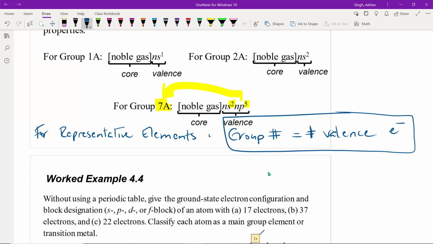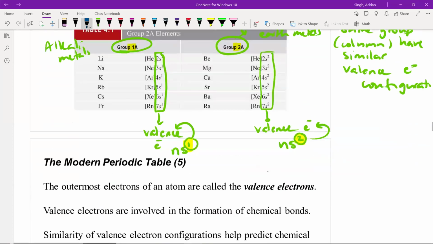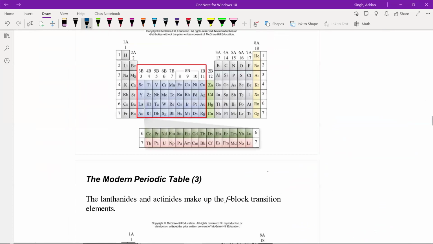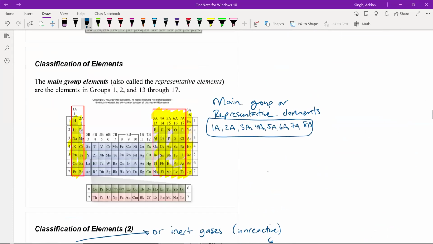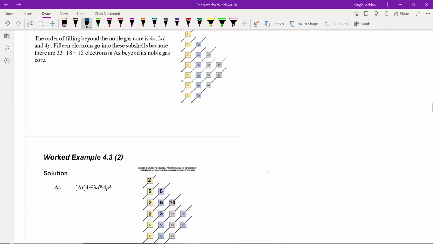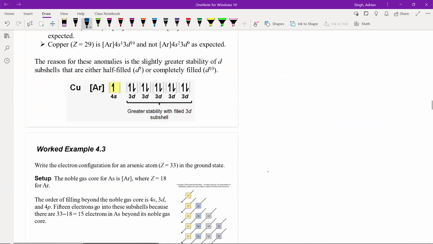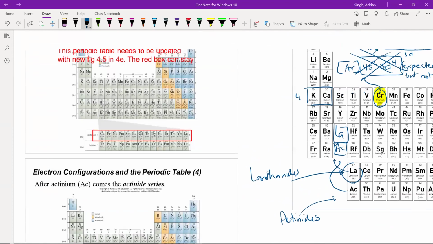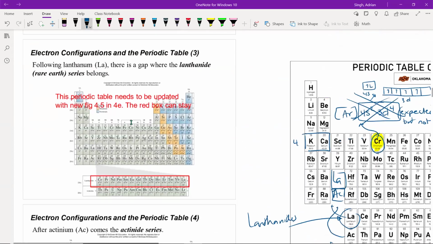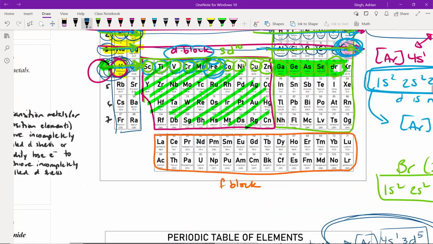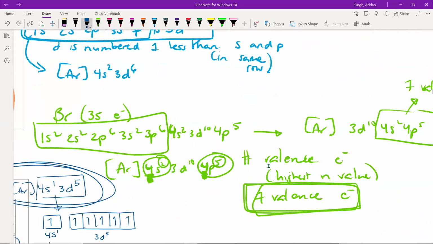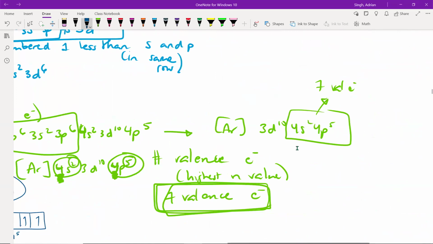We don't have to think twice about writing a full electron configuration to figure out the number of valence electrons. We can just look at the group number. Let's go all the way back to one that we did previously, which was bromine. If I can find bromine on here, there is bromine. It has 35 electrons. We wrote the full electron configuration and the abbreviated electron configuration.